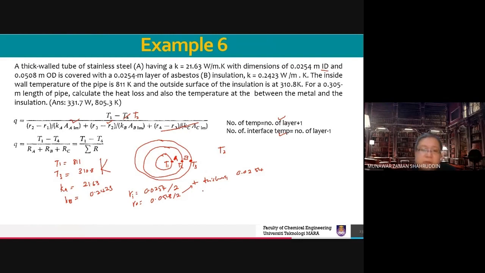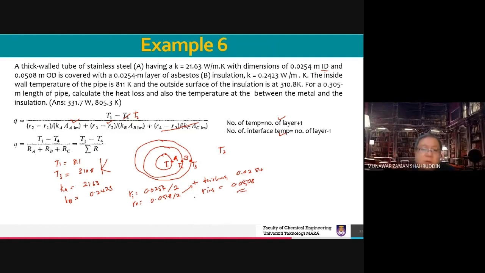You can regard this as R insulator. So basically dia akan jadi satu yang sama, 0.0508, because 0.0254 times 2 dibagi 2 dicampur balik dengan ni jadi 0.0508.